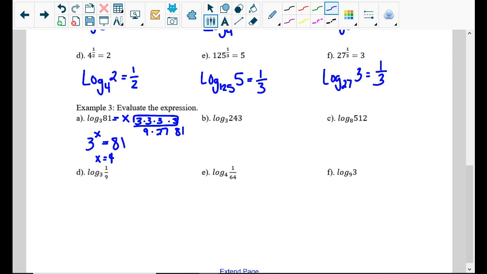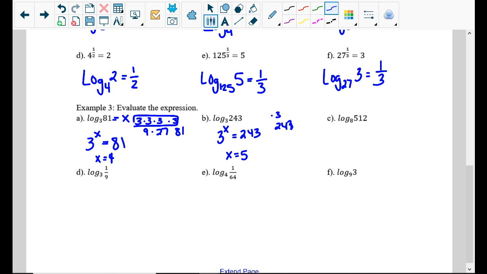So letter B, we write it exponentially, so 3 to what power equals 243. We already did part of the work. 4 of them is 81, right? If I multiply by another 3, 81 times 3 gives me 243. So 4 plus another 3 gives me x being 5.